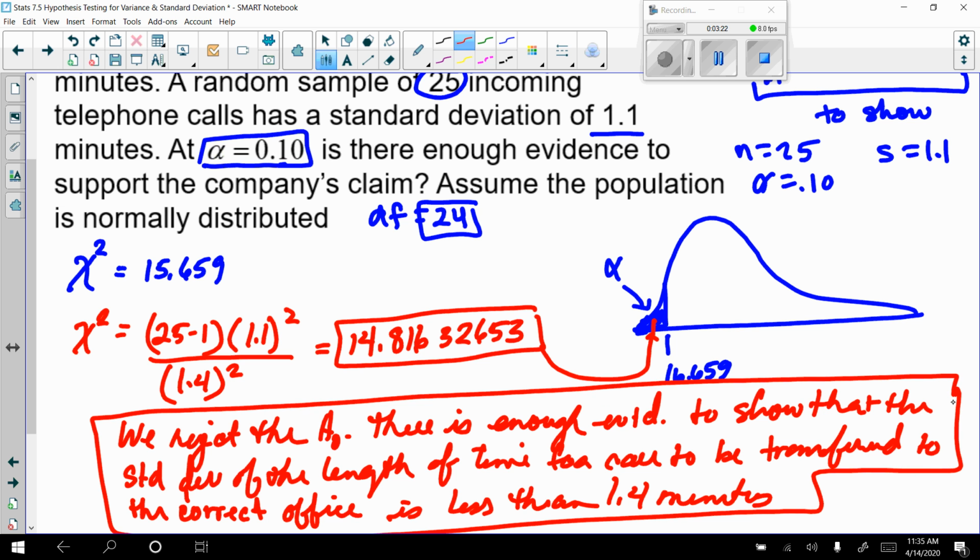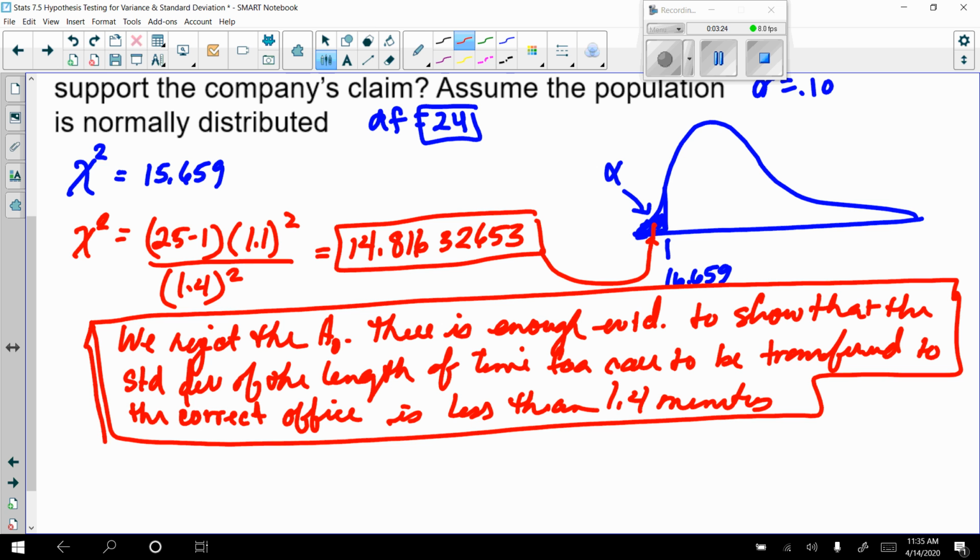So their claim was correct. There is enough evidence to show that theirs is an unusually quick time for that call to be processed.